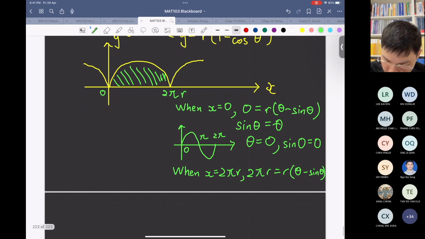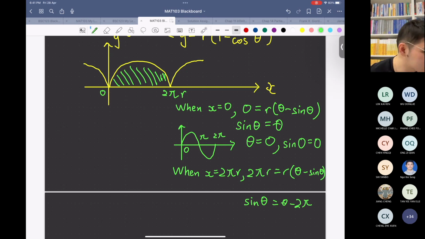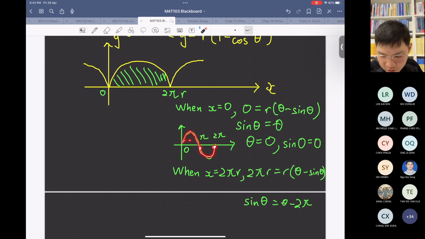Instead of sine theta equals theta, we want sine theta equals theta minus 2 pi.